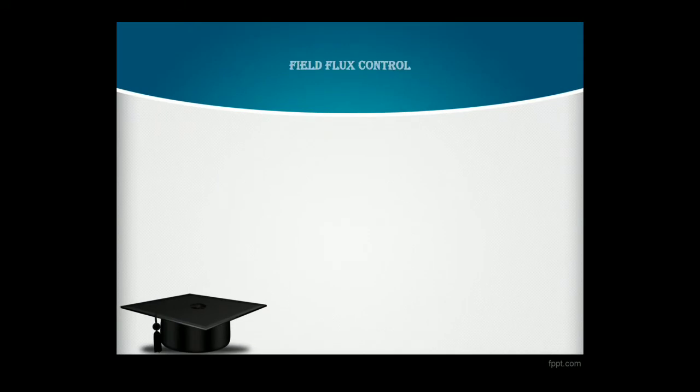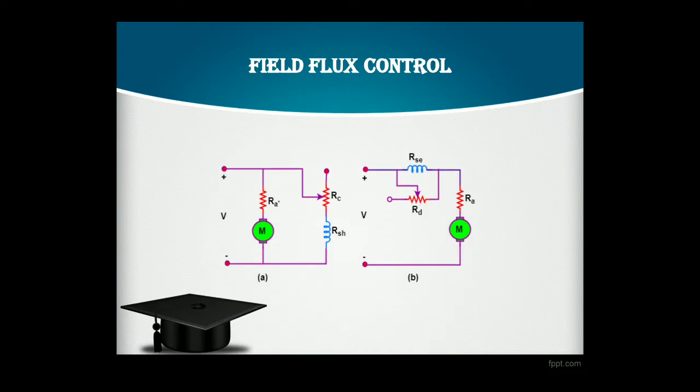Now the next slide is the field flux control. Here you can see the field flux control method. Same as the armature control method, there are two motors, the shunt motor and the series motor.